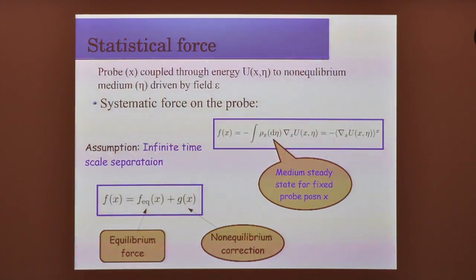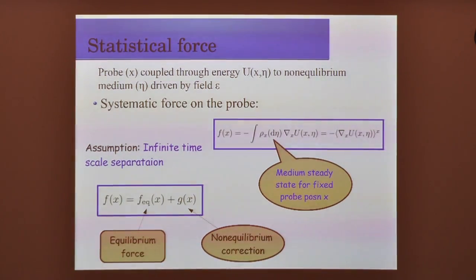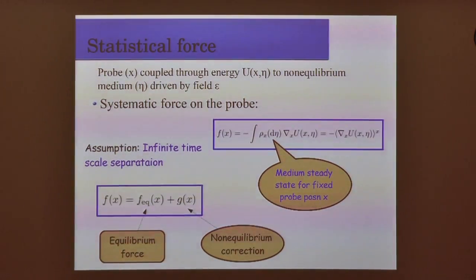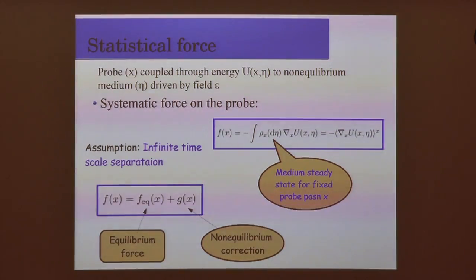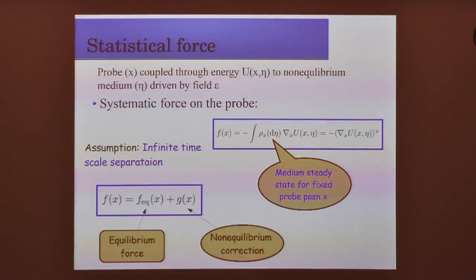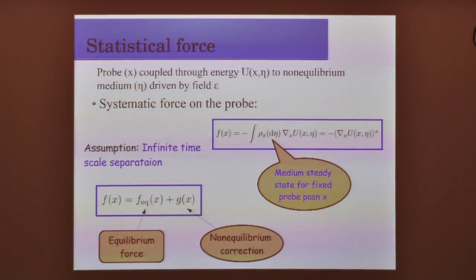Now we define what I mean by statistical force more precisely. We are assuming that there is an infinite time scale separation also between the probe and the non-equilibrium medium. From now onwards, I will never talk about the equilibrium medium. By medium, I will always mean these green particles.